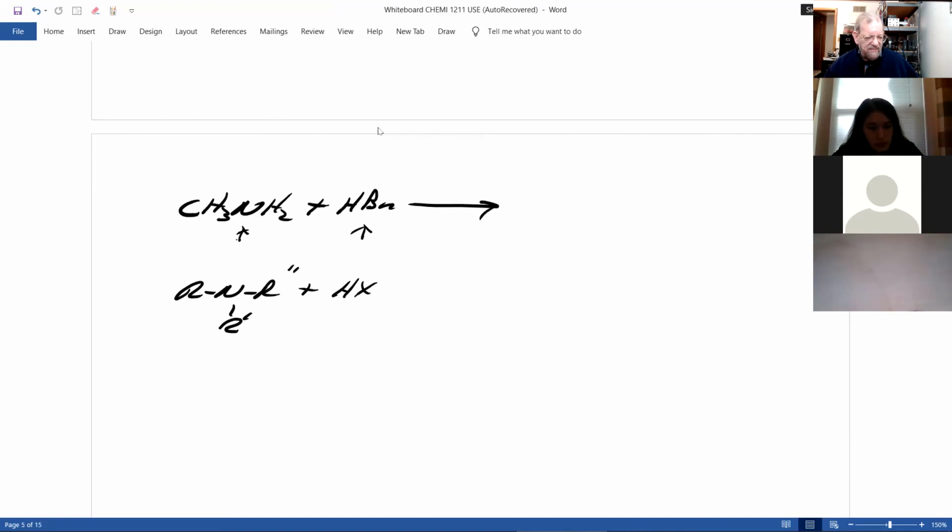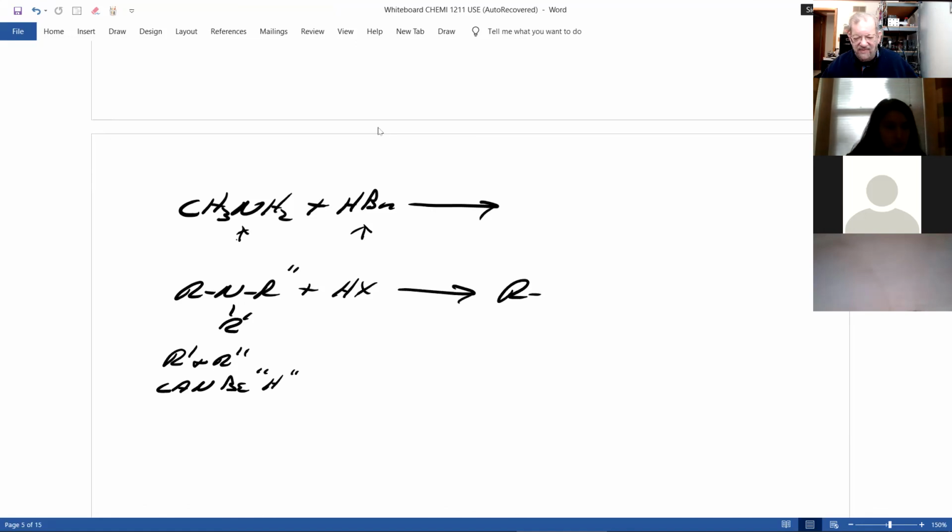And remember, R prime and R double prime, either one or both can be hydrogen. And when you react these two together, what's attached to nitrogen initially, R prime and R double prime, are still there.